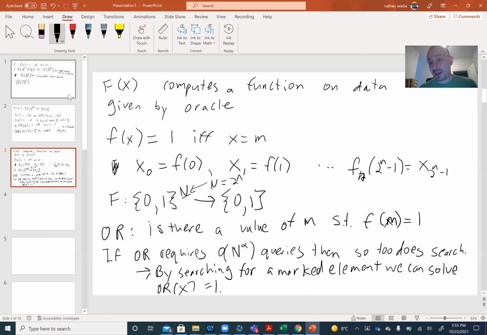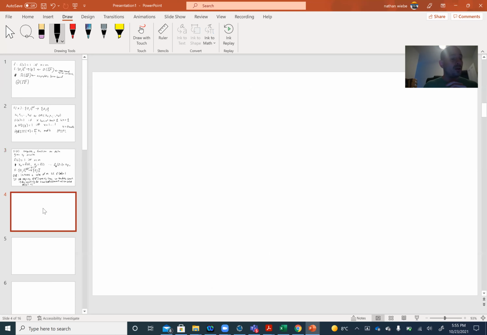And we can figure that out just by searching for it. So if we can prove a lower bound on OR, that suffices to prove a lower bound on search. So now we're just going to focus on OR.